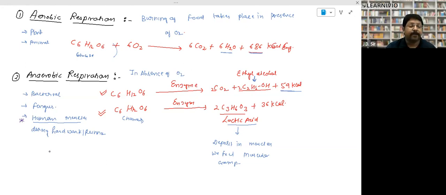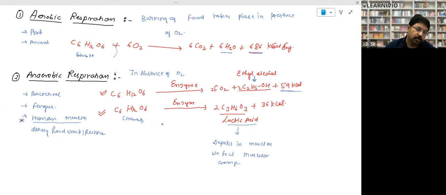Again, the burning of glucose will take place in bacteria and fungi in the presence of enzyme, with formation of 2 carbon dioxide. Now, in place of water, formation of ethyl alcohol will take place, and 59 kilocalorie. Now, you can see the difference here and there, right? Only 59 kilocalorie energy will be produced.